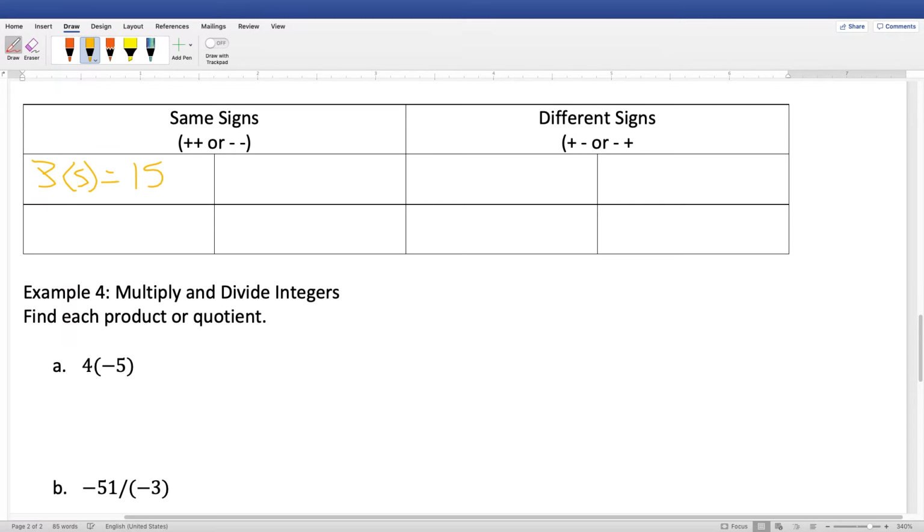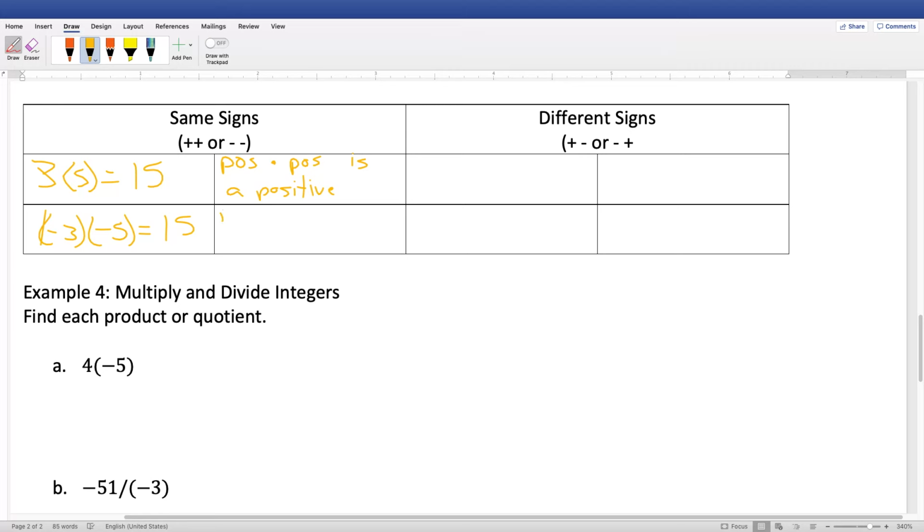The little dot in between means times. Anytime you have a positive times a positive, we'll always have a positive. What happens if I take negative 3 times negative 5? Negative times a negative is a positive. So I still get a positive 15.